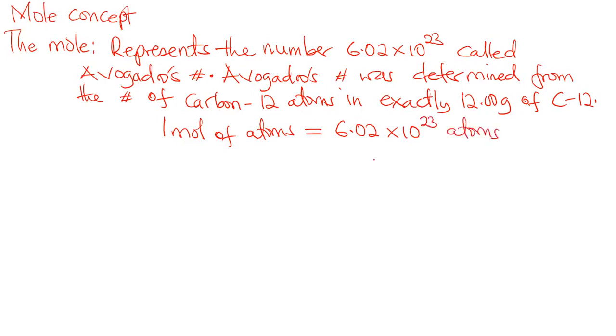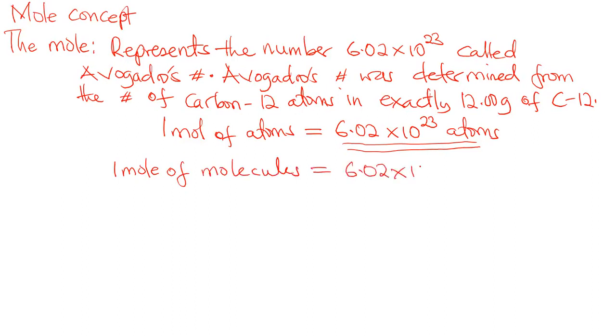So if you have this number of atoms, you have one mole of atoms. The same thing, one mole of molecules is just the same as 6.02 times 10 to the power 23 molecules.